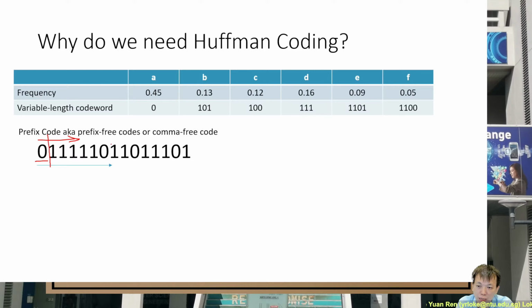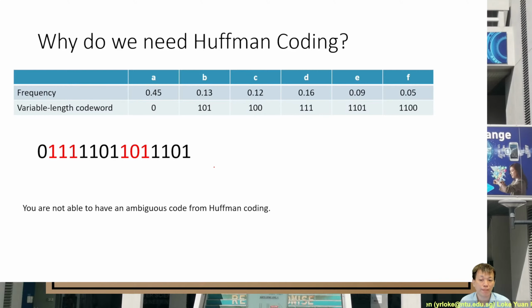Then 1 1 1, after you read 3 bits, you know this is D. Then 1 1 0, then 1 1 0 1, after you reach this point, you know it's E. Then 1 0 1 is B. Then the last one is 1 1 0 1. You will find that you do not have any ambiguous code in Huffman coding. That's the only way you can uniquely decode it.